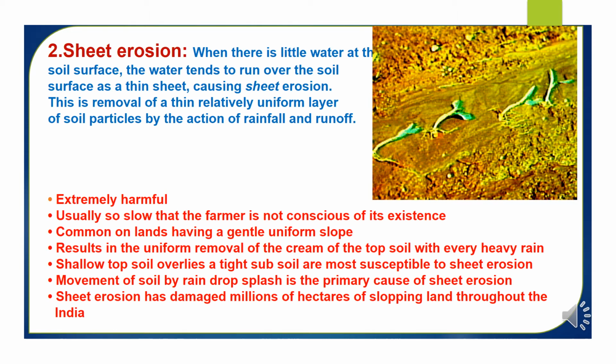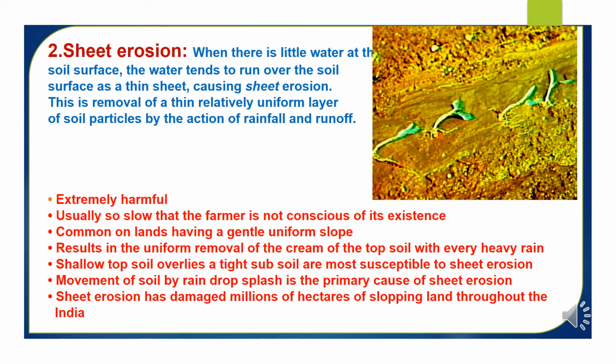The characteristics of sheet erosion: this is extremely harmful, usually so slow that the farmer is not conscious of its existence. It is common on lands having a gentle uniform slope, and results in the uniform removal of the cream of the topsoil with every heavy rain.